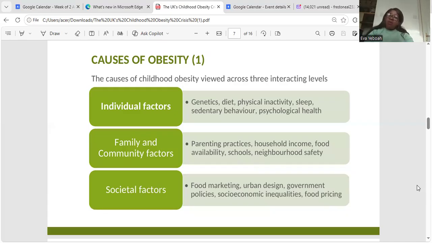The family and community factors are parenting practices, household income, food availability, schools, and neighborhood safety. The societal factors are food marketing, urban design, government policies, socioeconomic inequalities, and food pricing.